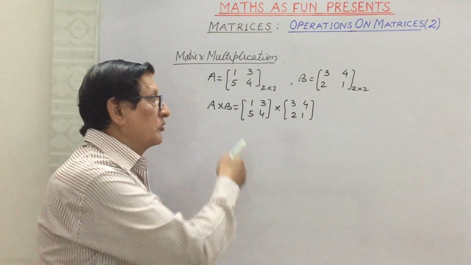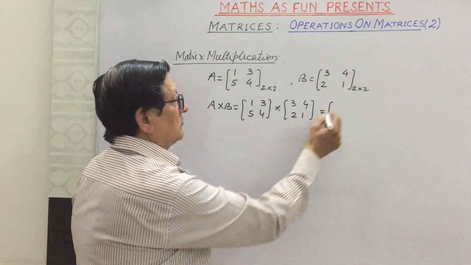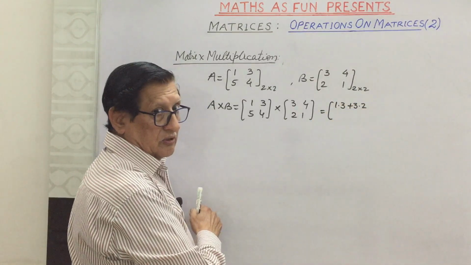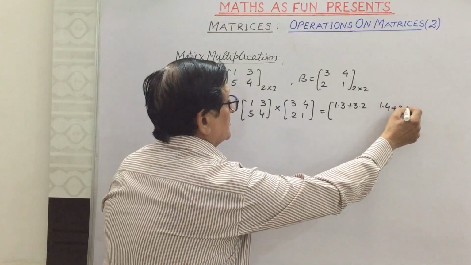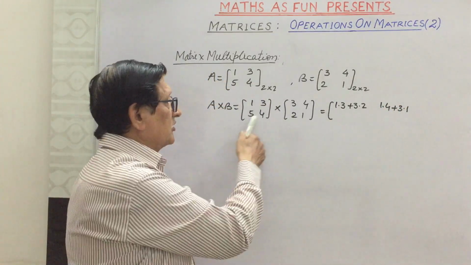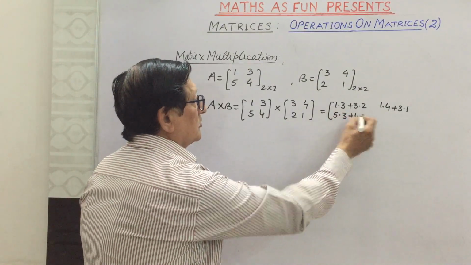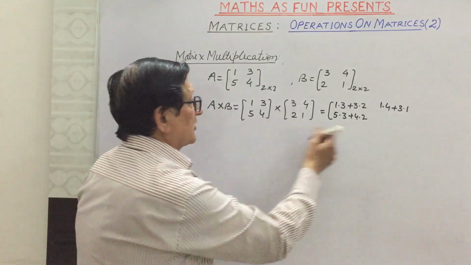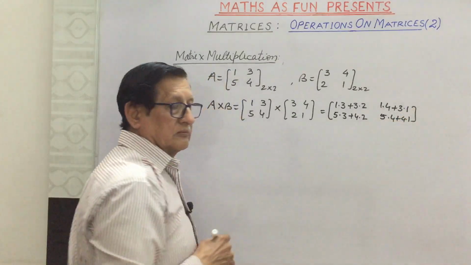Then we multiply according to the rule, we multiply the first row to the first column, 1 into 3 plus 3 into 2. First row to the second column, 1 into 4 plus 3 into 1. Second row to the first column, 5 into 3 plus 4 into 2. Then second row to the second column, 5 into 4 plus 4 into 1.